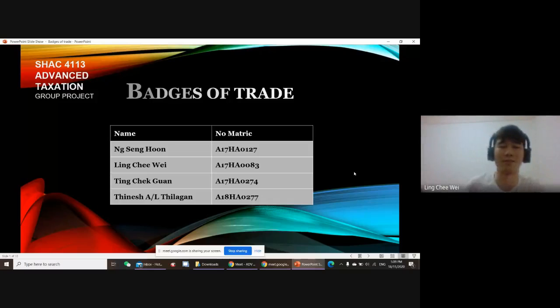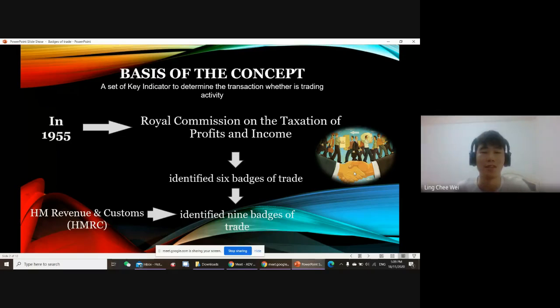So let's start. So first, what is the basic concept of the badges of trade? The badges of trade is a set of key indicators to determine whether a transaction is a trading activity. And in 1955, the Royal Commission on the Taxation of Profit and Income reviewed some tests and identified the 6 badges of trade.